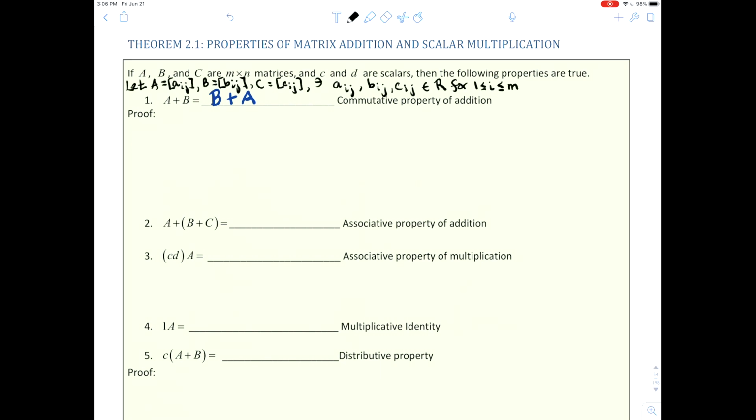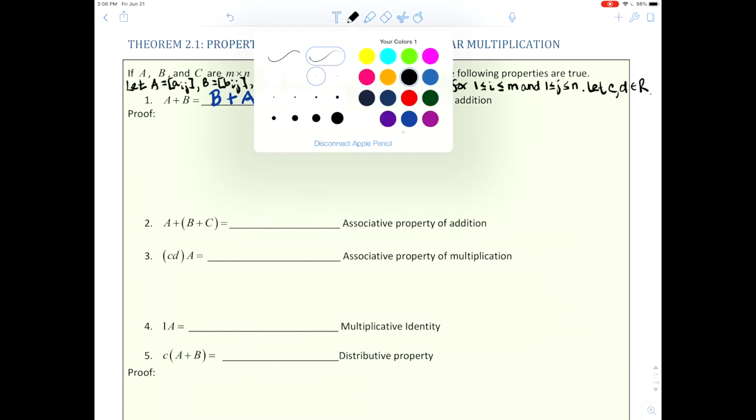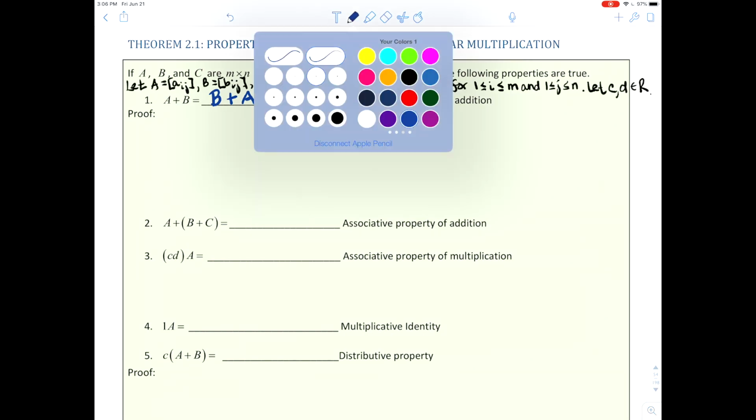Good, because there's m rows. And 1 less than or equal to j less than or equal to n, because we'll have n columns. We're also going to let c and d belong to the real numbers, so they'll be our scalars. Groovy?